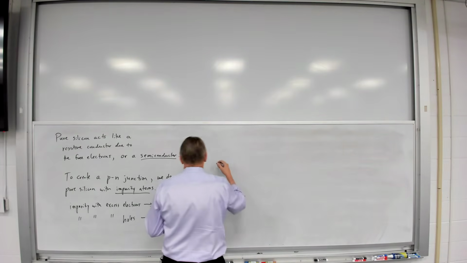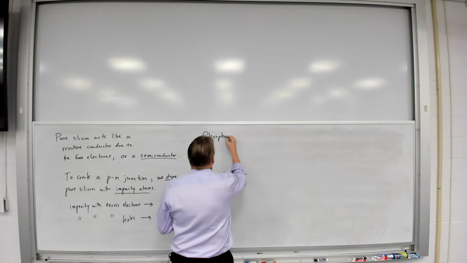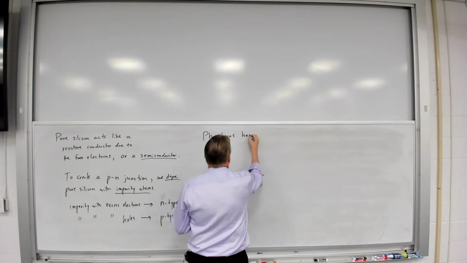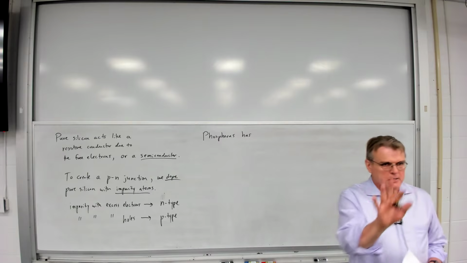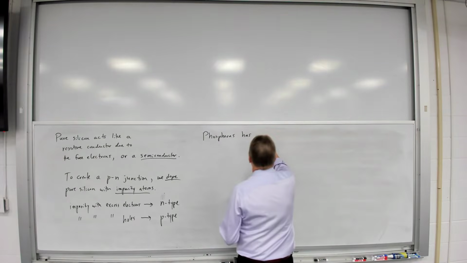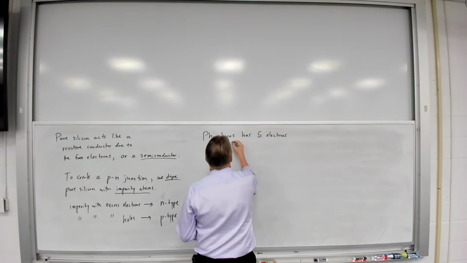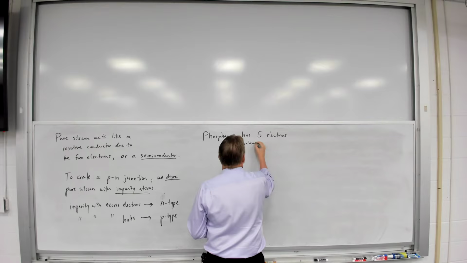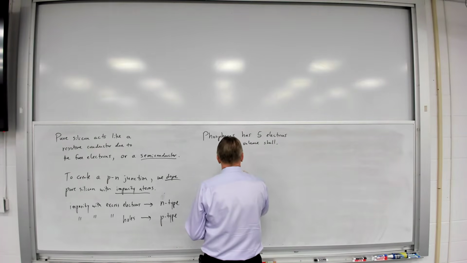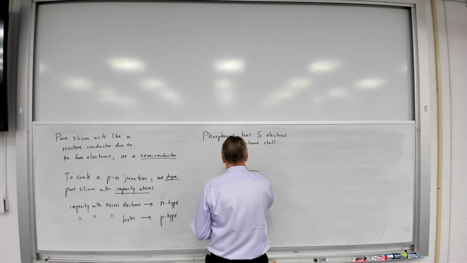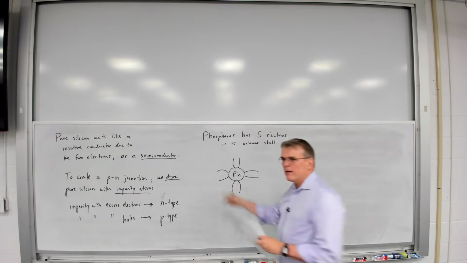let's consider phosphorus. Phosphorus has 5 electrons in its valence shell. Remember, silicon had 4. So what we're going to do is introduce a phosphorus atom in that array of silicon atoms.